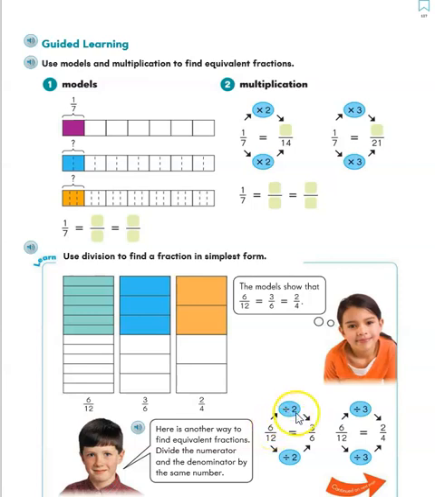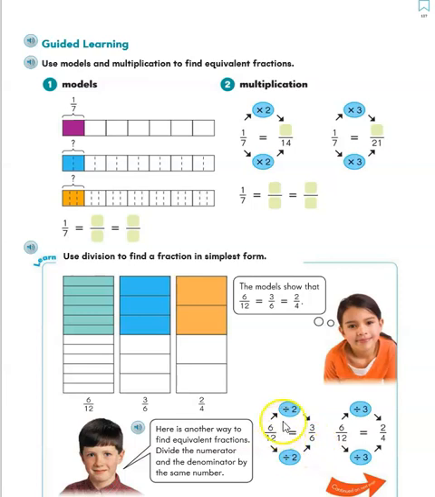So we know 2, 4, 6, it would be 3 times, which makes sense because 3 times 2 is 6. So that's a fact family, right guys? We know division is the opposite of multiplication. So 6 divided by 2 is 3, and then 12 divided by 2 is 6.